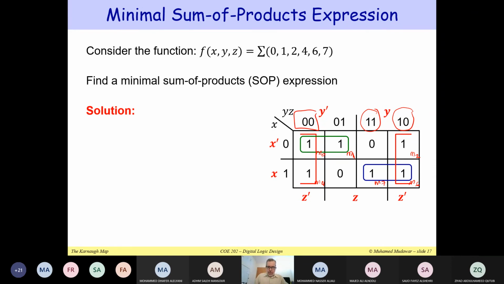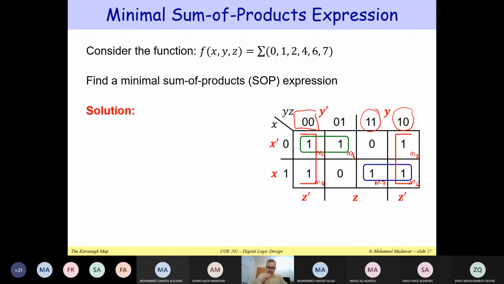By combining the 4 adjacent squares, can you tell me what is the expression for the red box, combining M0, M2, M4, and M6? What will it be? Z prime, yes, thank you very much. It will be Z prime because Z is equal to 0. This is what is common in these 4 midterms. How about the green box? X prime, Y prime. Yes, thank you very much.